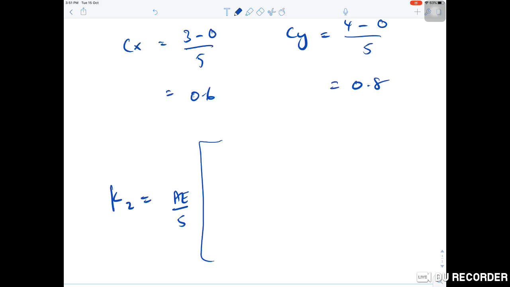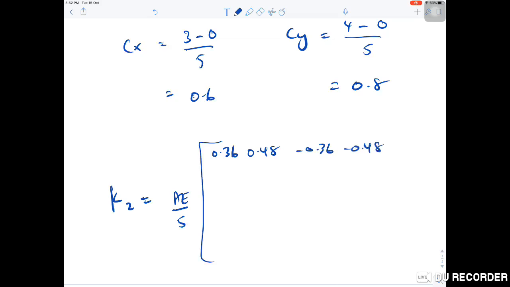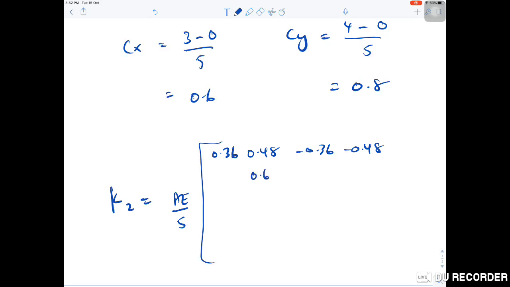Okay, cx square is 0.6 square, which is 0.36. cx cy is 0.48, negative 0.36, negative 0.48. cy square is 0.8 square, 0.64.